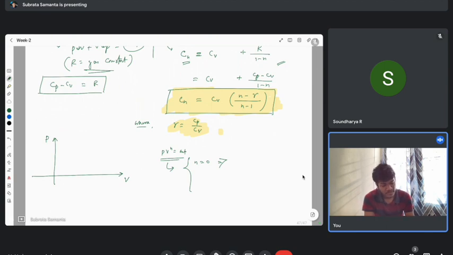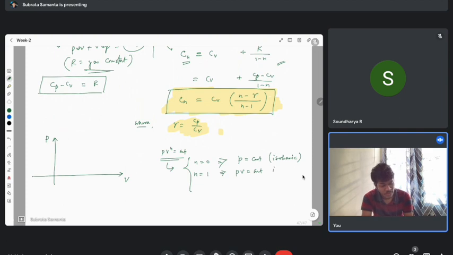So n equals 0 implies that P equals constant, right? This is an isobaric process. What about n equals 1? For n equals 1, PV equals constant.